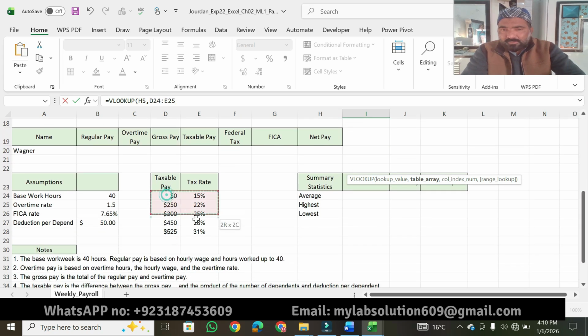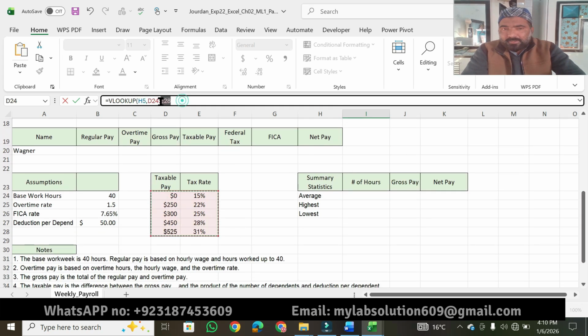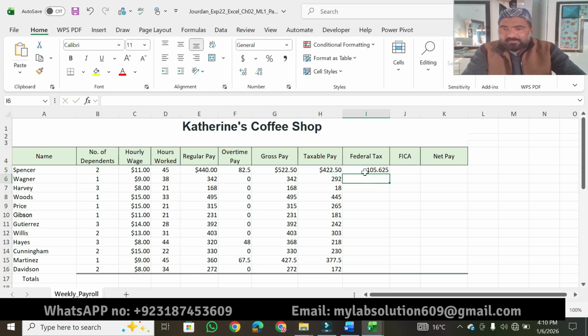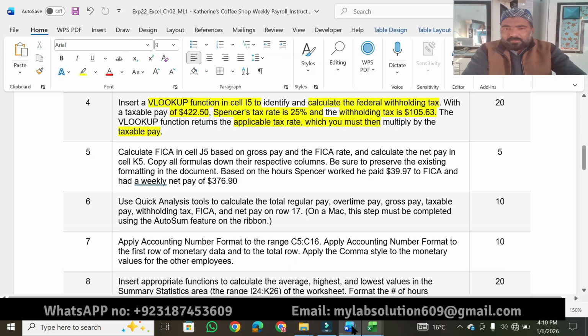Now we have to make that absolute, then we have to use the second column because we have to use the tax rate. So that is in the second column, then we have to multiply by the taxable pay. That's why we multiply by H5, and we get the result. So question number 4 is done, and we have earned 20 marks from there.